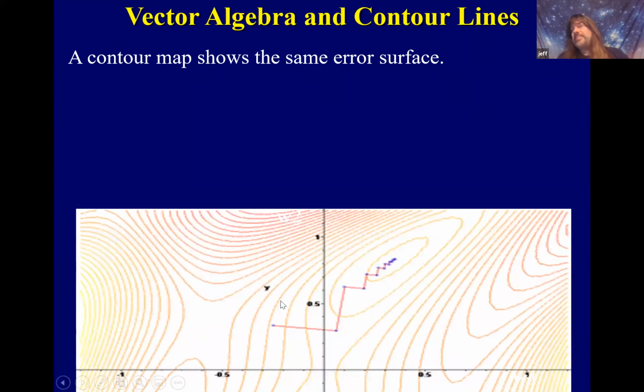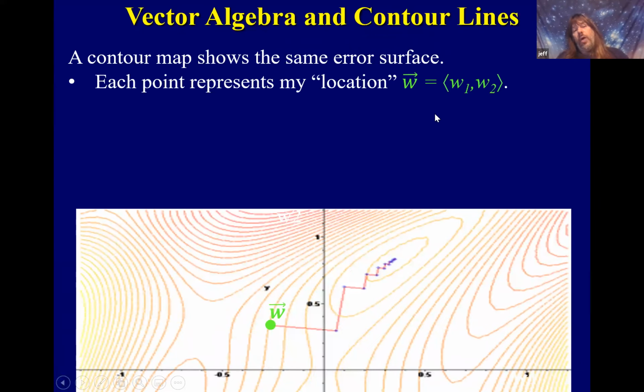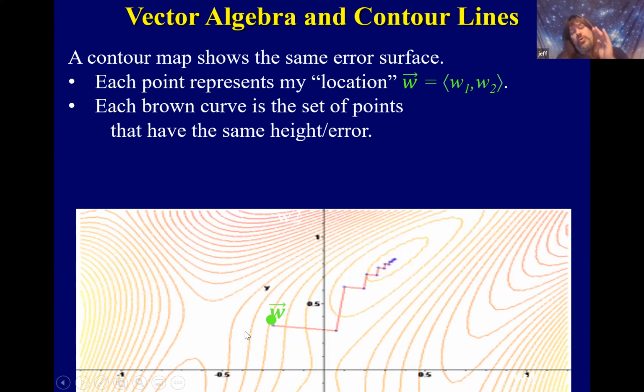And so then you get these contour lines, right? And we have a current setting of all our weights, which of course tells us where we are on this map. And if we were to move following that contour line, we will get all various locations at exactly the same height, right? Exactly the same error, right?